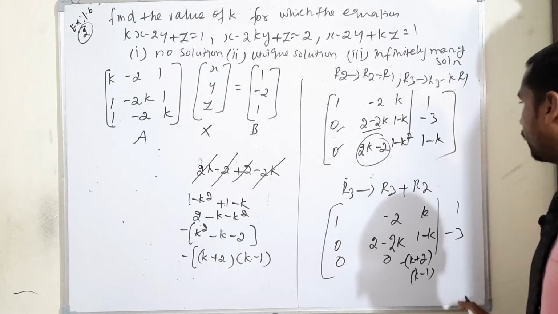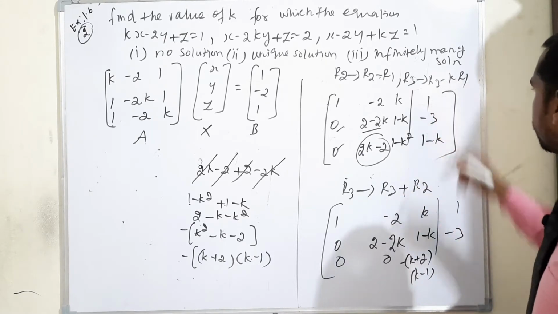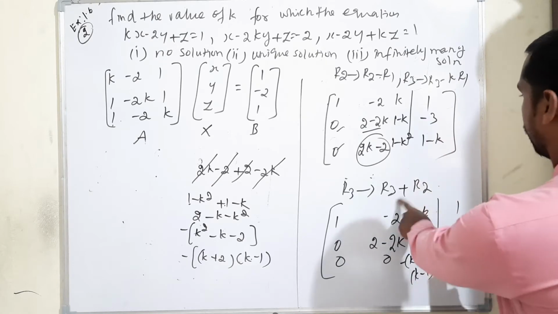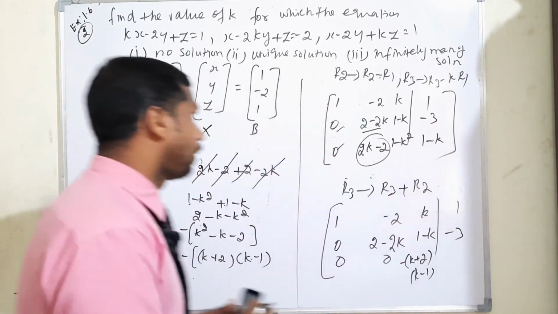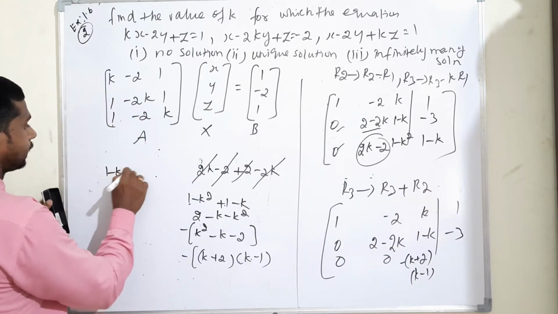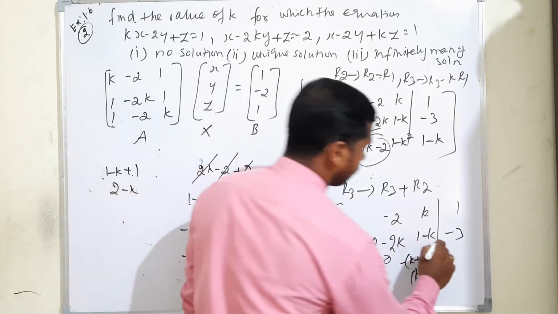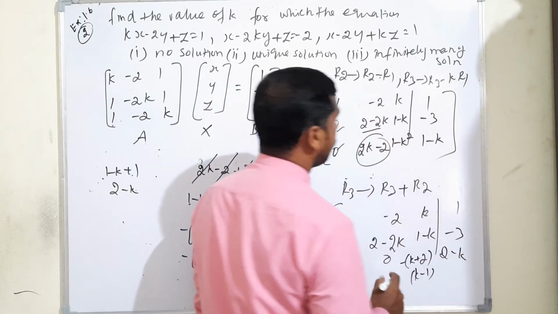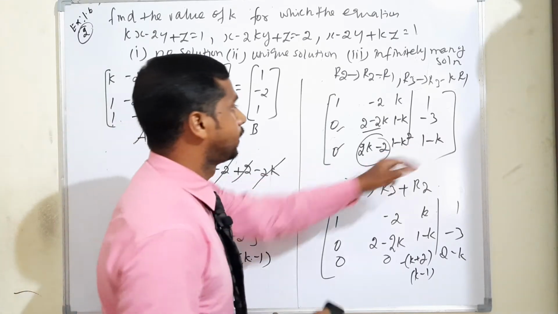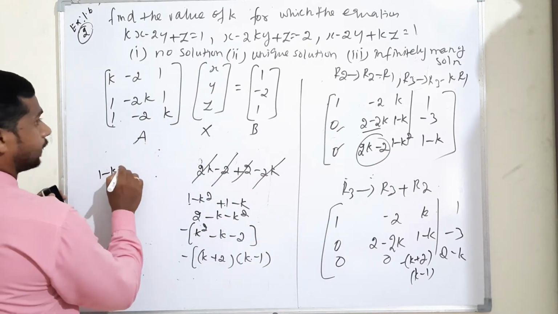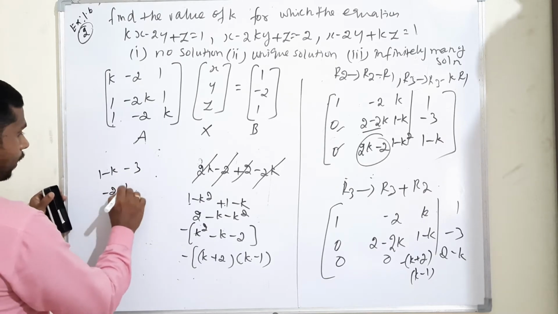Third row, this is the constant term. R3 plus R2, listen very carefully: 1 minus k plus 1. Sorry, R3 plus R2 means 1 minus k minus 3, so 1 minus 3 is minus 2 and minus k.